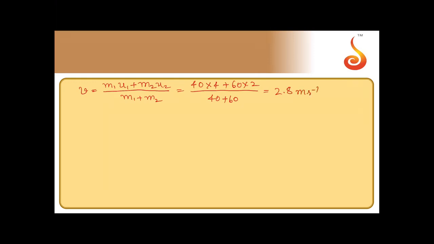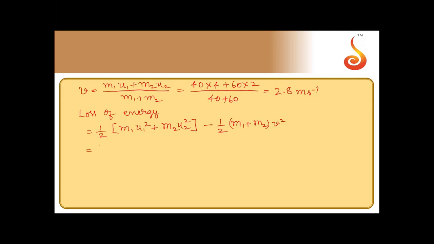This is common velocity. So, loss of energy is given by half into m1 u1 square plus m2 u2 square. This gives you initial kinetic energy minus half of m1 plus m2 into v square.